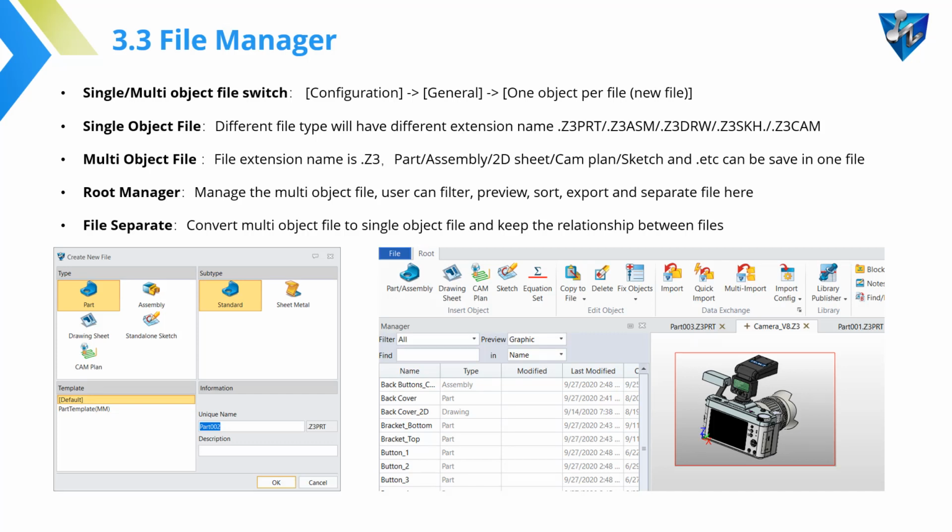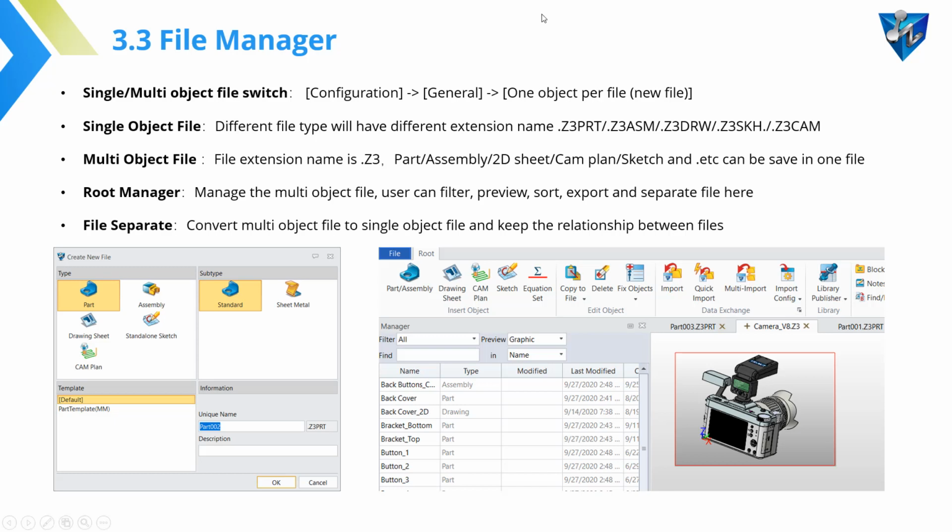Next, I will introduce the File Manager. In ZW3D, we can use both the single object file or multi-object file. You can switch it under the General tab of the configuration menu. So what is a single object file and multi-object file? For the single object file, different file types will have different extension names.